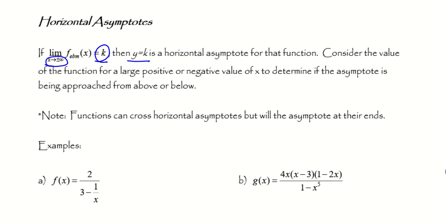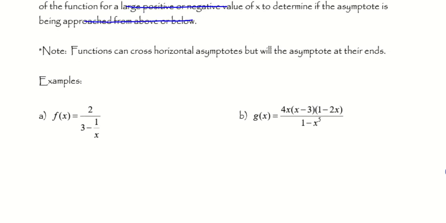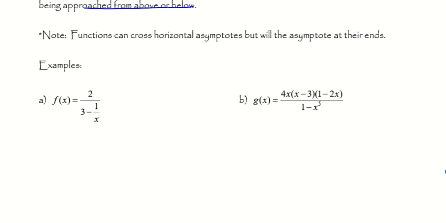It is also true that if the limit of our end behavior model is a constant, then we have a horizontal asymptote at y equals that constant. Whenever that happens for rational functions, we need to do an extra step where we consider the value of the function for large positive or negative values to determine if the asymptote is being approached from above or below. This is going to help us graph. So it doesn't tell us what the function does in the middle, but it tells us what it does at the end. So let's look at this example.